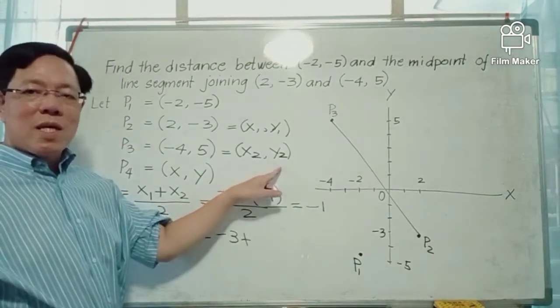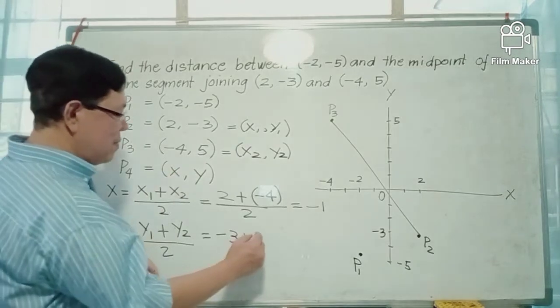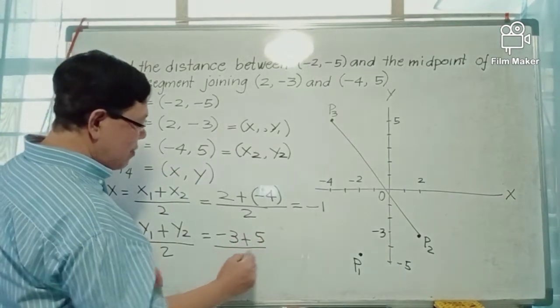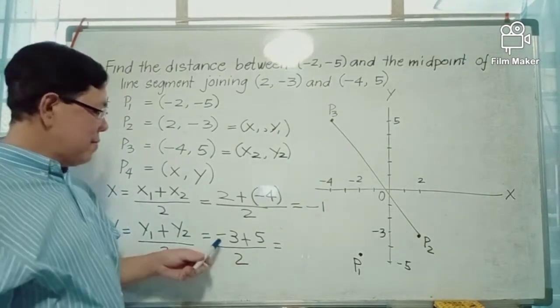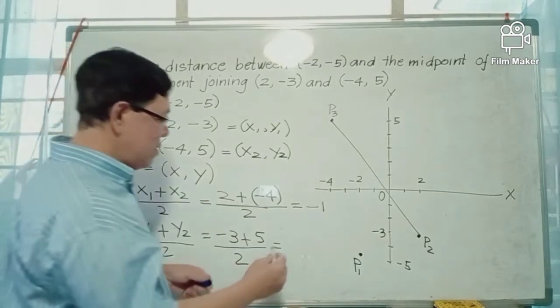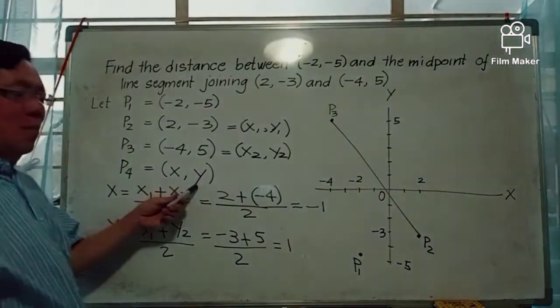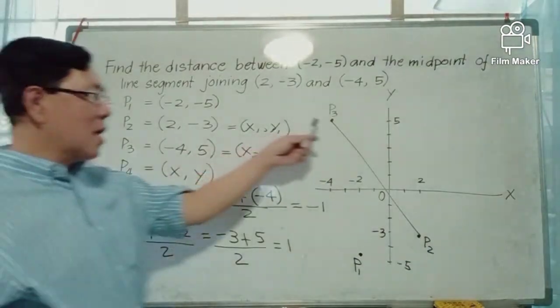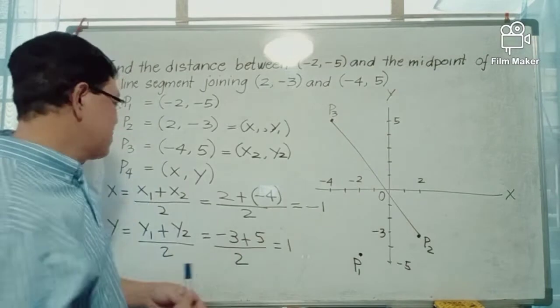Y2 is the ordinate of the second endpoint of the line segment, 5. And the sum is divided by 2 equals -3 plus 5 is 2, divided by 2 is 1. Hence, the ordinate y of the midpoint of the line segment through P2 and P3 is +1.